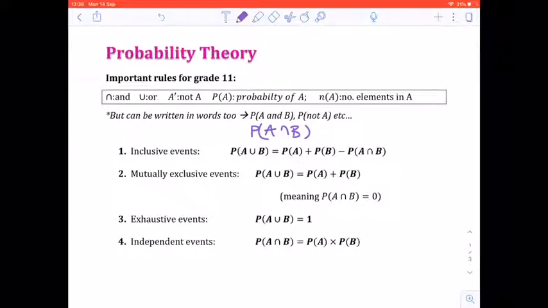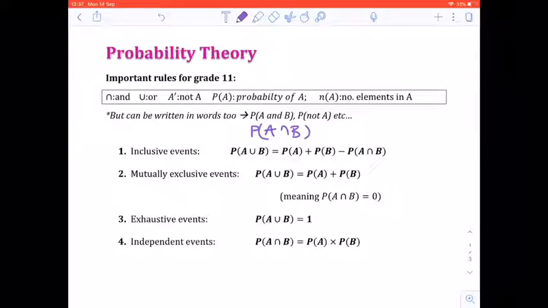Okay, so here are some of the rules for grade 11 that are important for you to know. First are inclusive events. This is when the probability of A or B is equal to the probability of A plus the probability of B minus the probability of A and B. So two events are inclusive if this rule holds true.